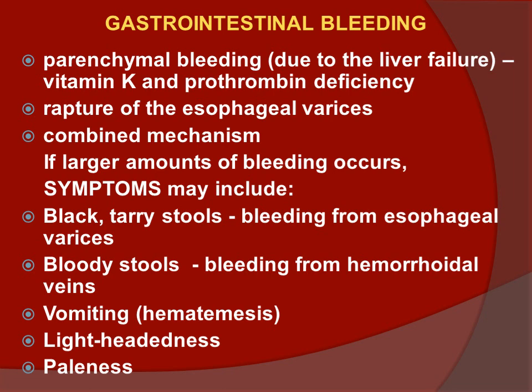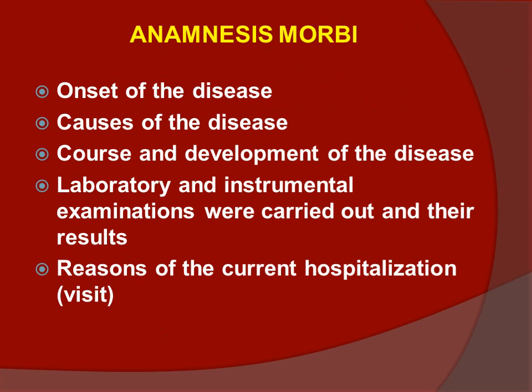If a larger amount of bleeding occurs, symptoms may include black tarry stools from esophageal varices bleeding, bloody stool from hemorrhoidal veins bleeding, and vomiting or hematemesis, lightheadedness and paleness. The last two symptoms are specific for anemia.